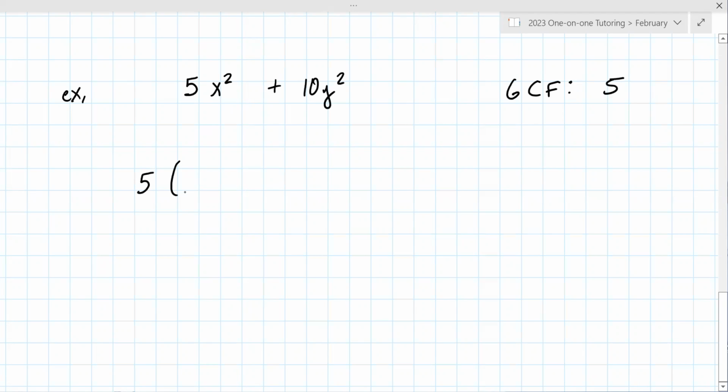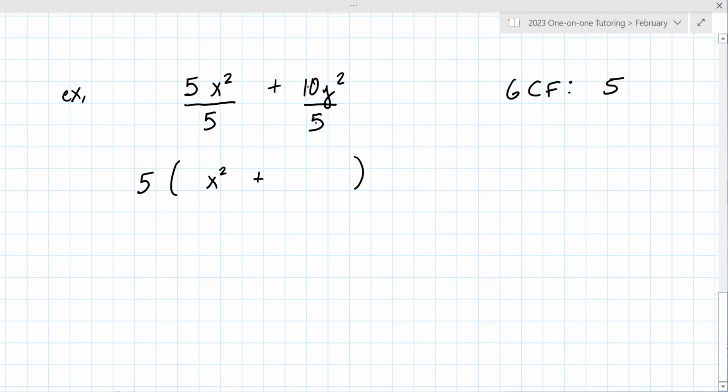So you put 5 on the outside of the parentheses, and you divide each of these by that 5. Can you tell me what would go inside parentheses? x squared, and then 2y squared.